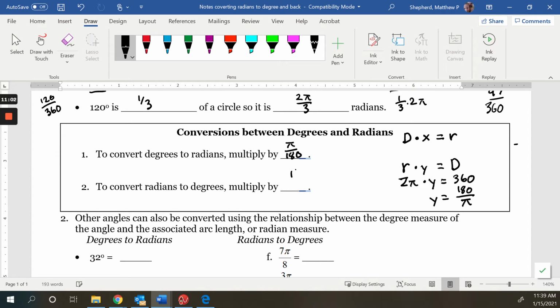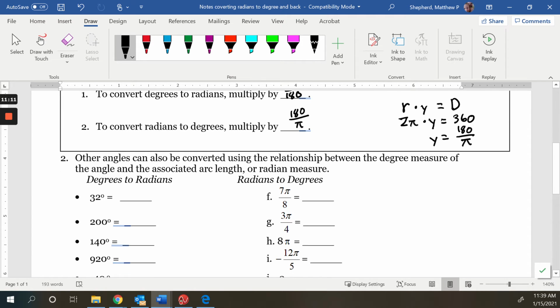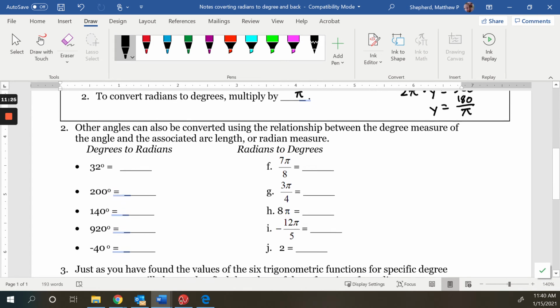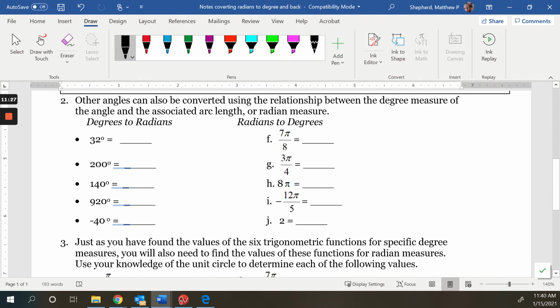So just the reciprocal of the first, which shouldn't be surprising. We're just going the opposite direction. All right, so we multiply by pi over 180 to go from degrees to radians. To go from radians to degrees, we multiply by 180 over pi. All right, so let's quickly do that with a few of these.